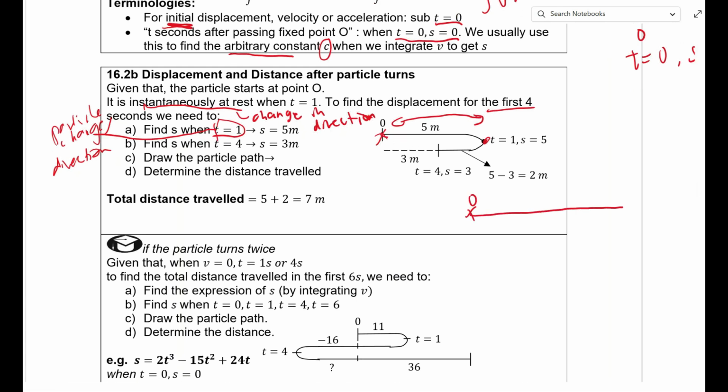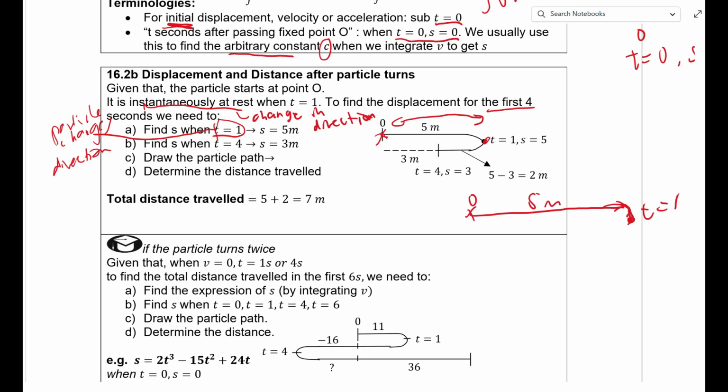We will know that it travels 5 meters before it starts to change direction. So here is when t equals 1. Here is when it changes direction. Then since our displacement at the end of 4 seconds is closer to fixed point O as compared to when it changes direction, we'll know that it's turning backwards.